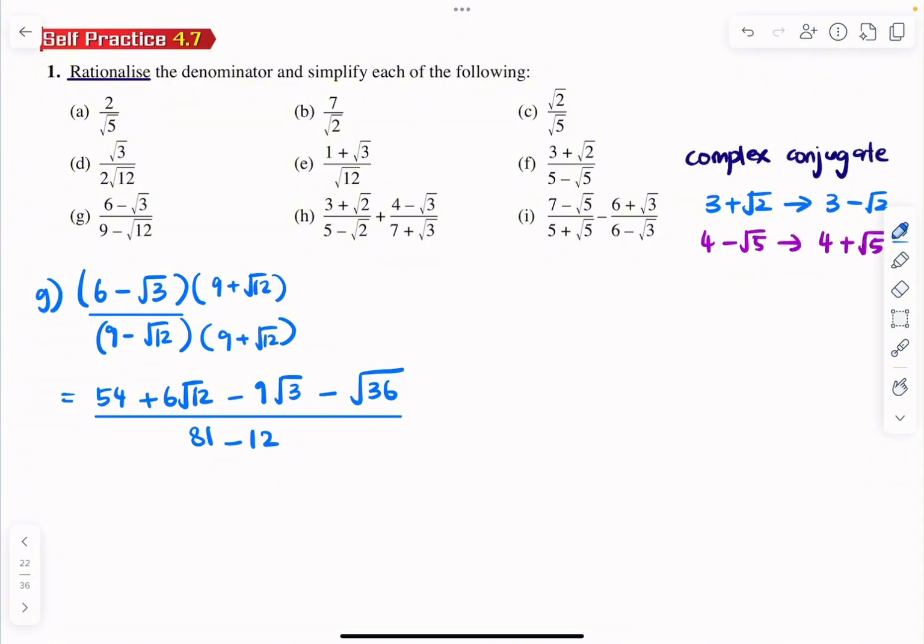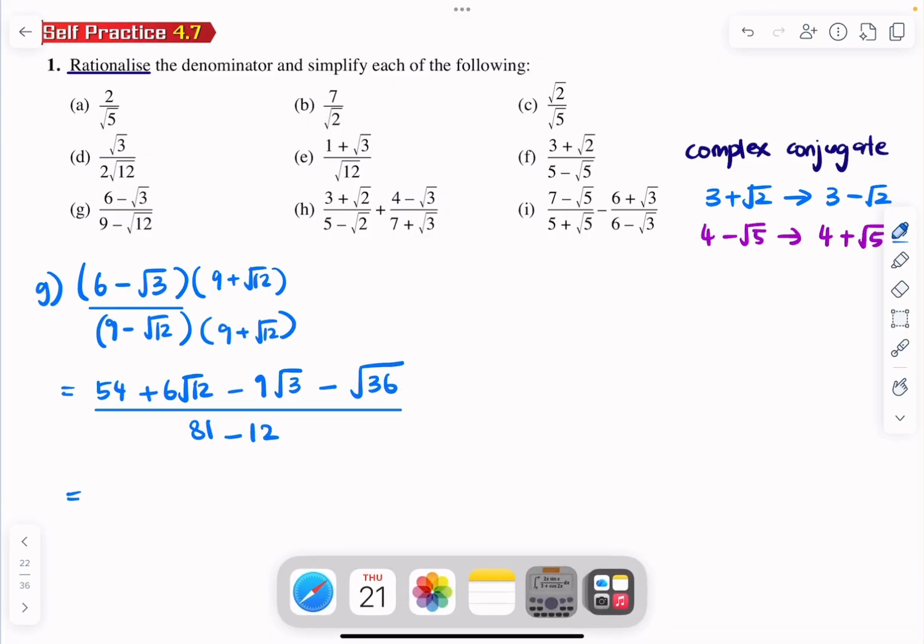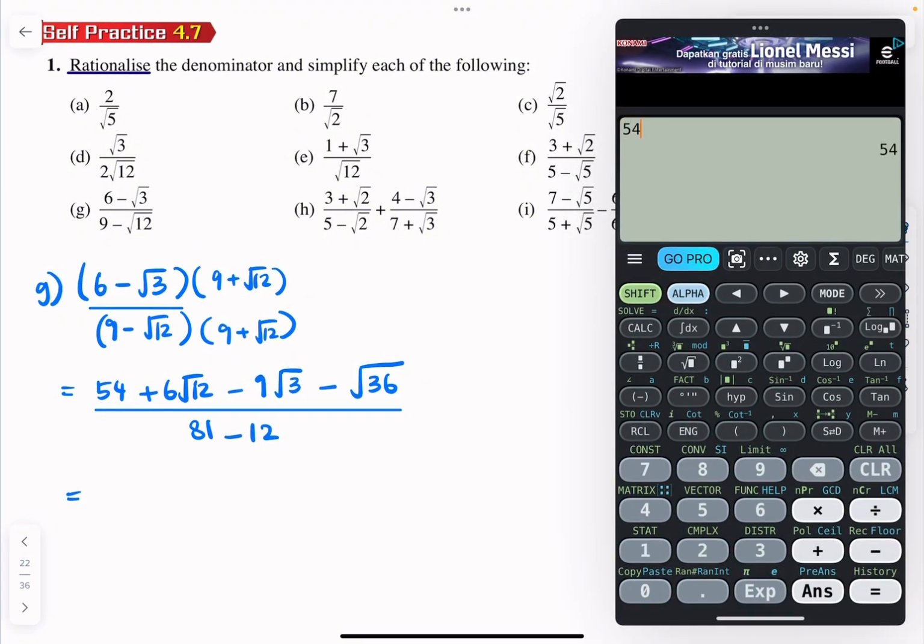Let's simplify the top. So √36 is 6. So actually, you know what? Let's just put in the calculator. 54 plus 6√12 minus 9√3 minus √36.